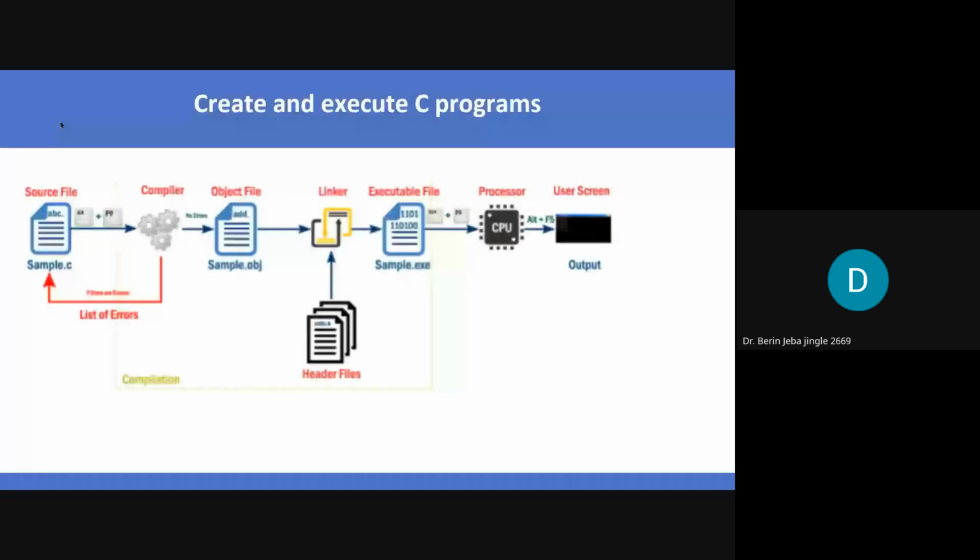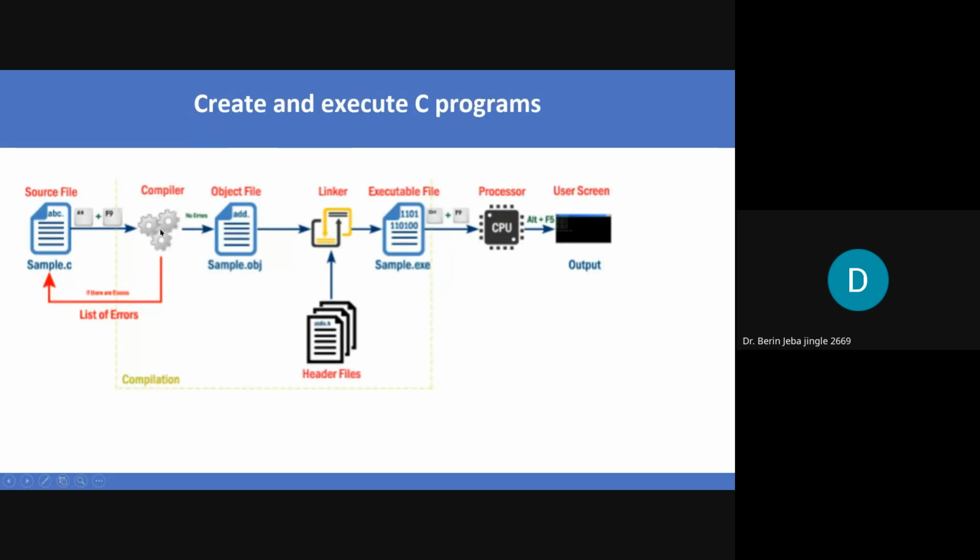First of all, the source file. That is the file that you are typing. That typed file we are saving with the .c extension. And next, when we press Alt F9, it will be compiled. For compiling, we press Alt plus F9. The compile does two things.